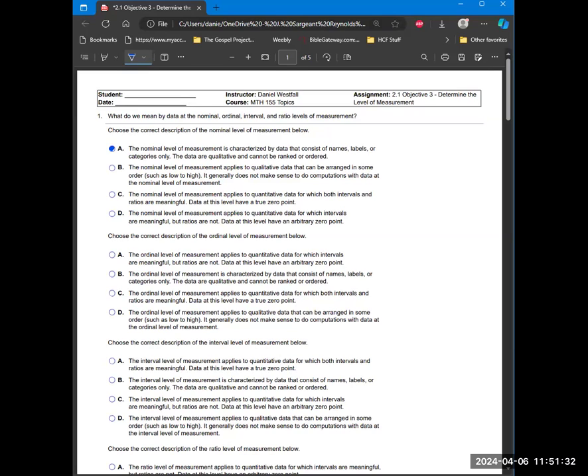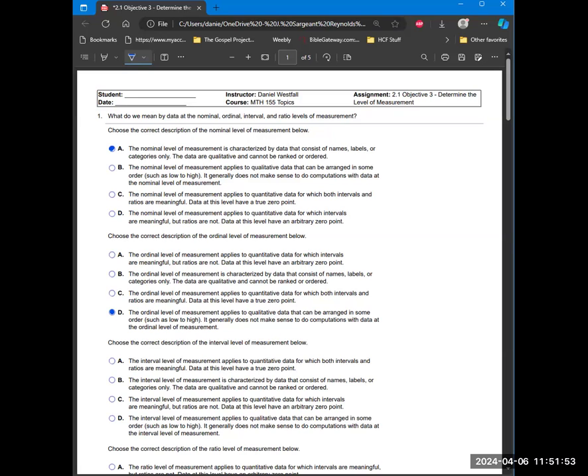So that's D. The only thing that we would want to do sometimes with ordinal data is say how many places above or below in ranking did someone finish, something like that. But that doesn't really give us much meaningful data.